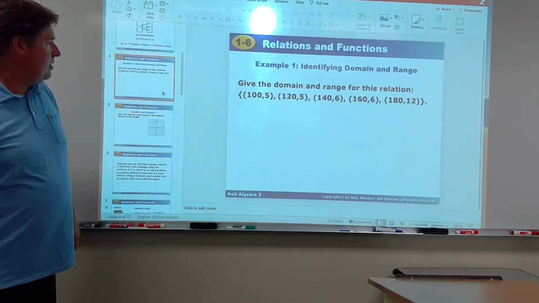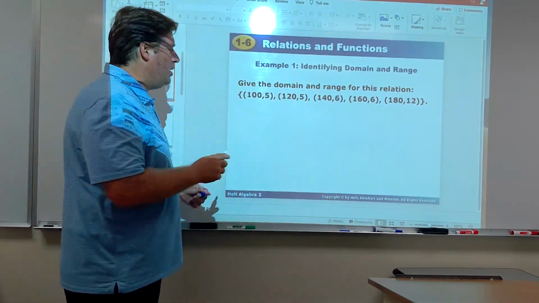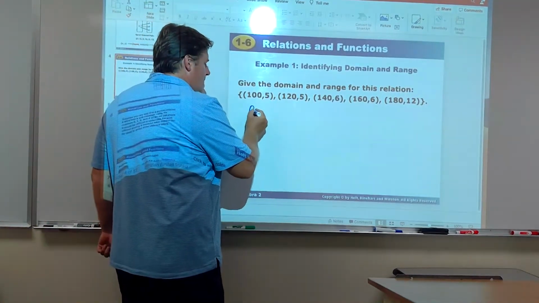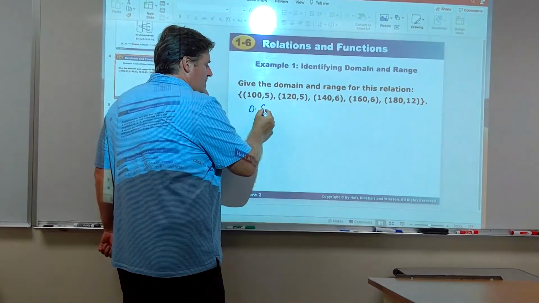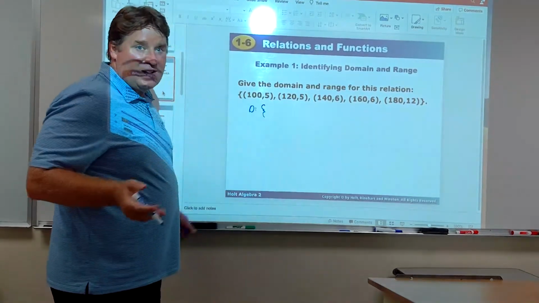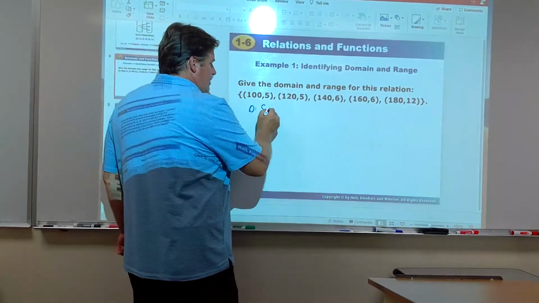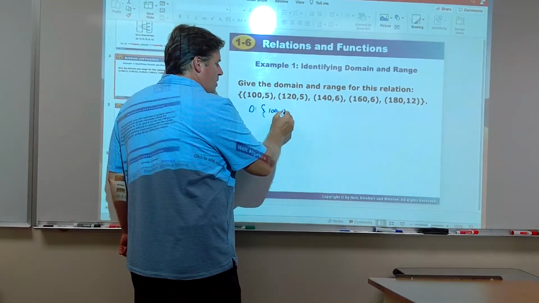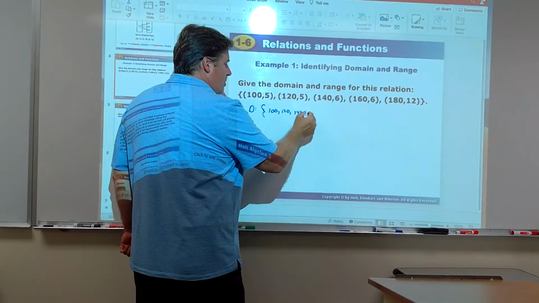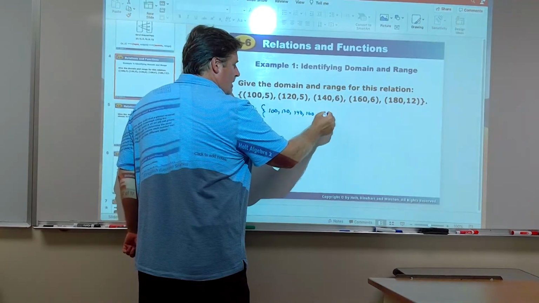All right, so now let's take a look at here. If I were to write the domain, now when we do that, I always like to go with D, put a little colon, put a little fancy brace there, and just write down in roster notation what that is. In this case we'd have the domain would be just the x values, so 100, 120, 140, 160, and 180.